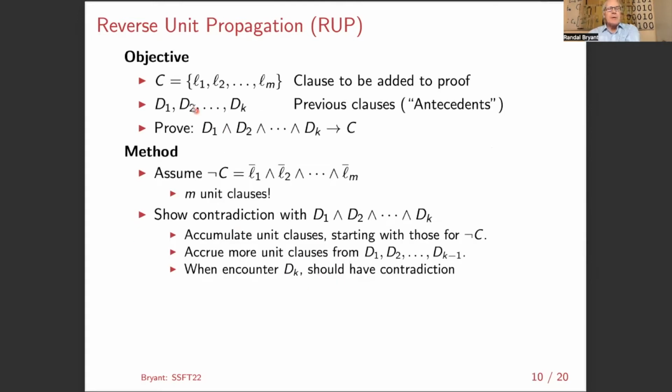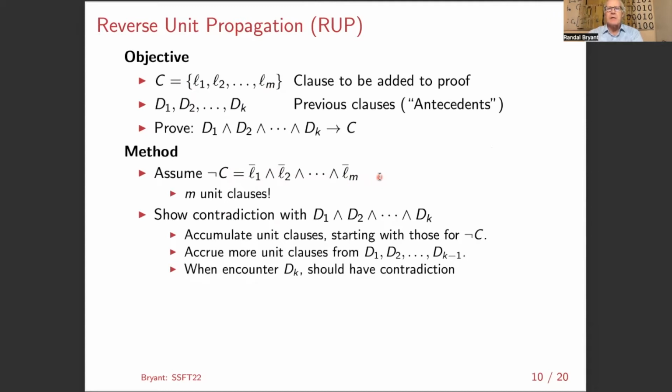So in particular, think of the clause C that we're trying to add as a series of M literals, and we have K previous clauses. So what we'll do is we'll form the negation of C, and the negation of the clause is actually a sequence of unit clauses.